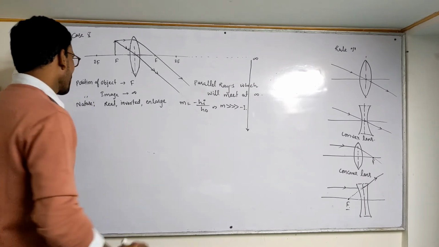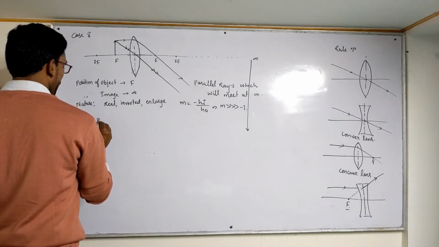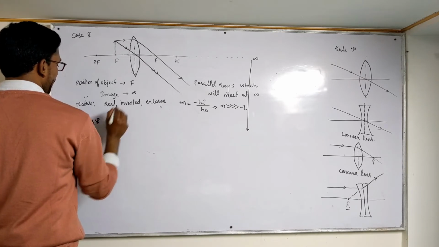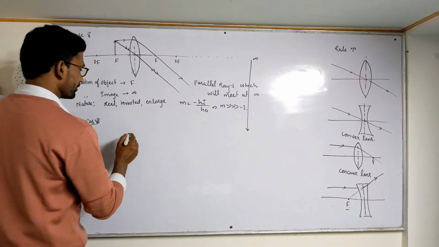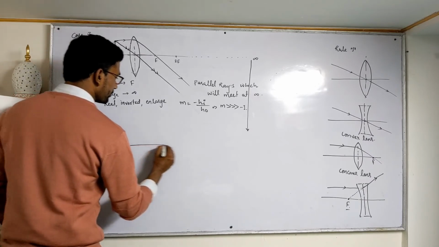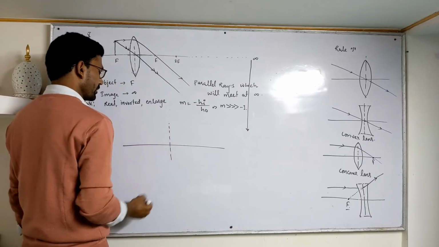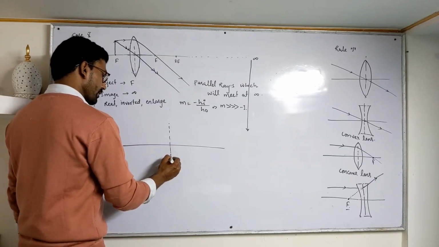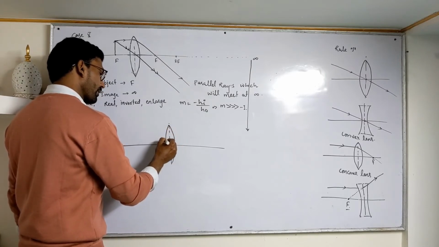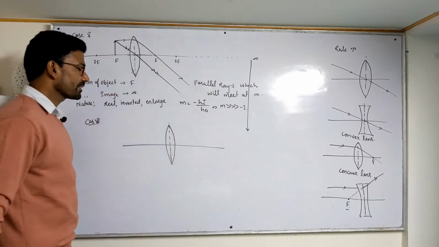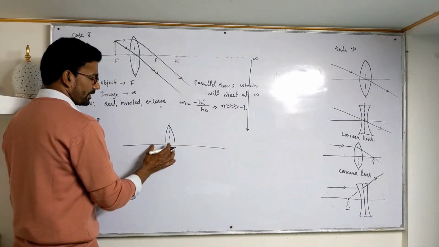Sixth case, that is the last case, case 6. Suppose we have a convex lens. This is the principal axis. This is the optical center. Take a distance.